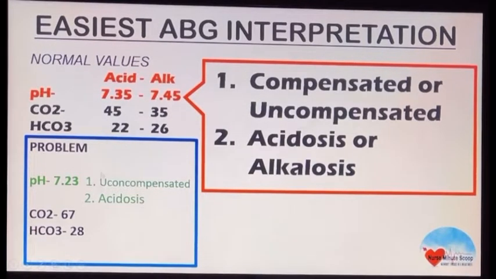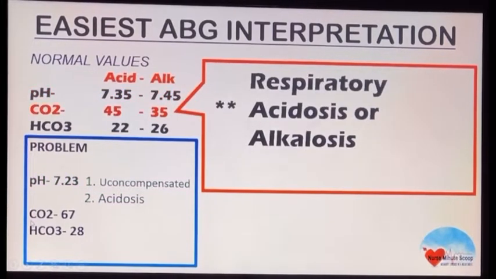Now, moving on to our step 2, looking at our CO2. CO2 normal range is 45 to 35. So here, if we look at CO2, it's always going to be respiratory. And same as what we do with our pH, acidosis or alkalosis.